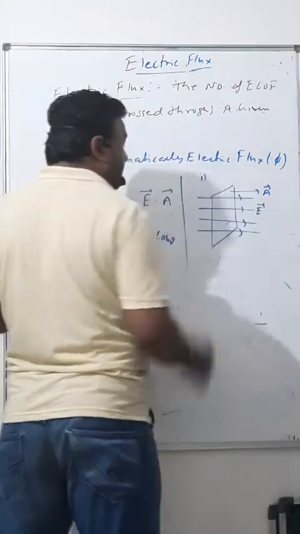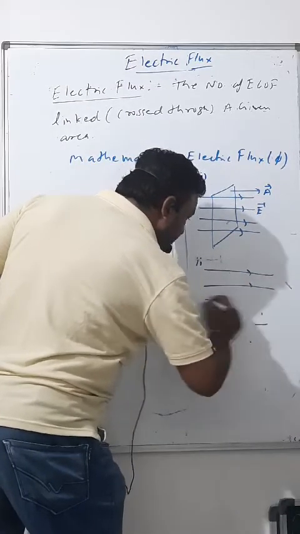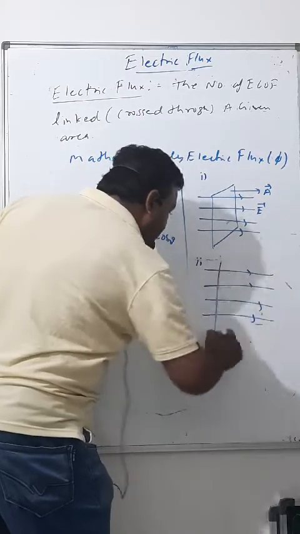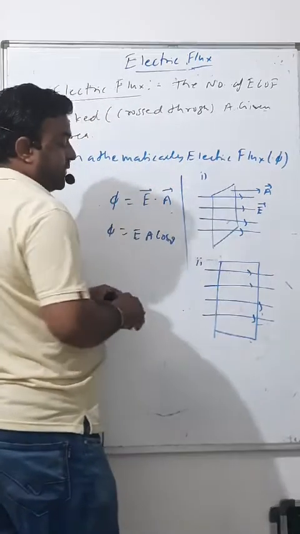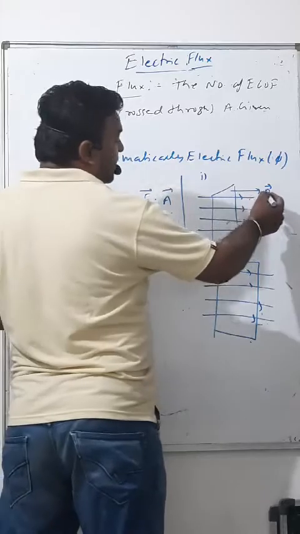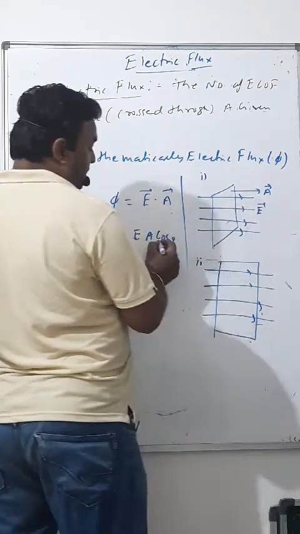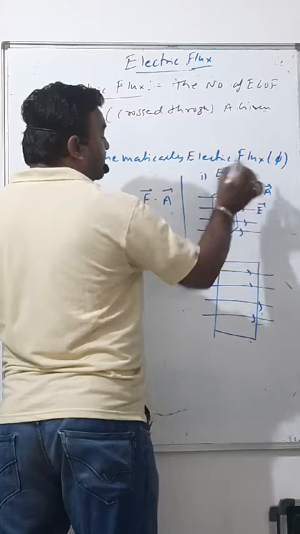This is the first situation. Now secondly, if I make the area in this way, right? The direction of area vector will be this. E will be this. Here the angle between E and A is 0. Cos 0 is maximum. Flux is EA.